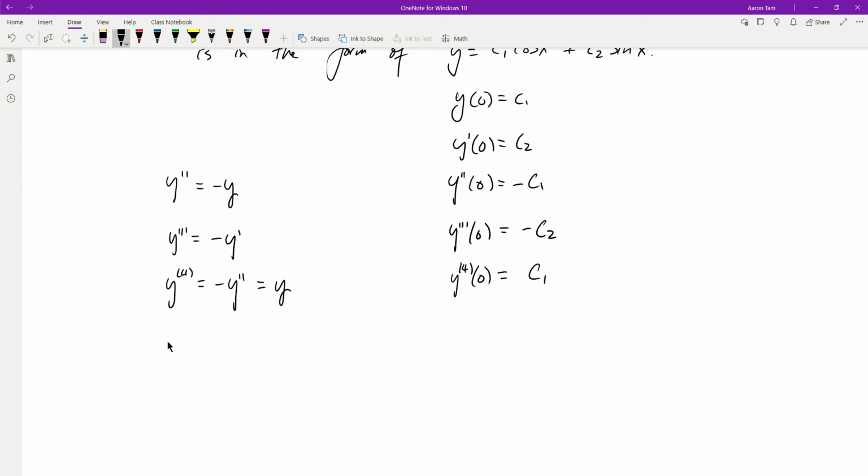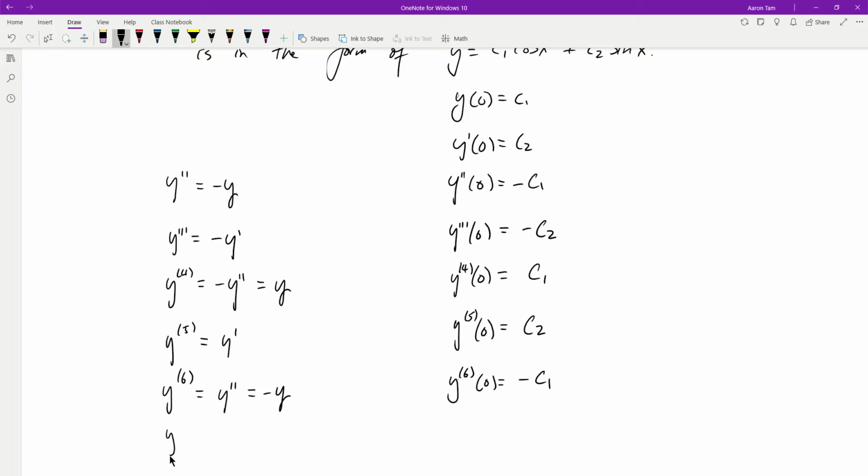The fifth derivative of y would basically be the derivative of y, which is y prime. So the fifth derivative would be what y prime is, which is c2. The sixth derivative is y double prime, which is technically equal to negative y. So the sixth derivative at 0 will be just negative c1.